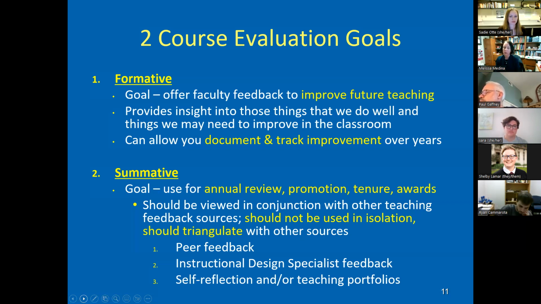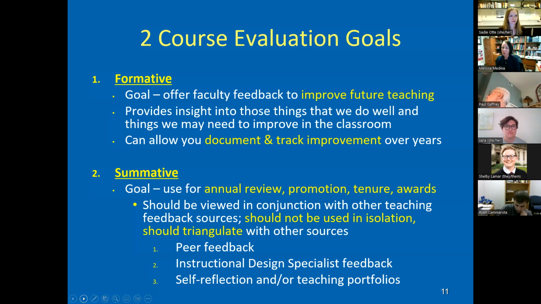Now, that relates to our second goal of using course evaluations. That's for summative types of assessment when we're using course evaluations for annual review, or we're using them for promotion and tenure, even for maybe local or national teaching awards. They want to see what your teaching evaluations are. They may also even be used in course review.